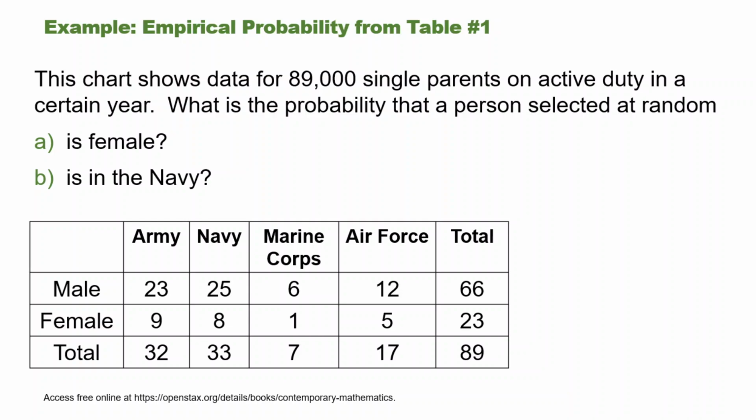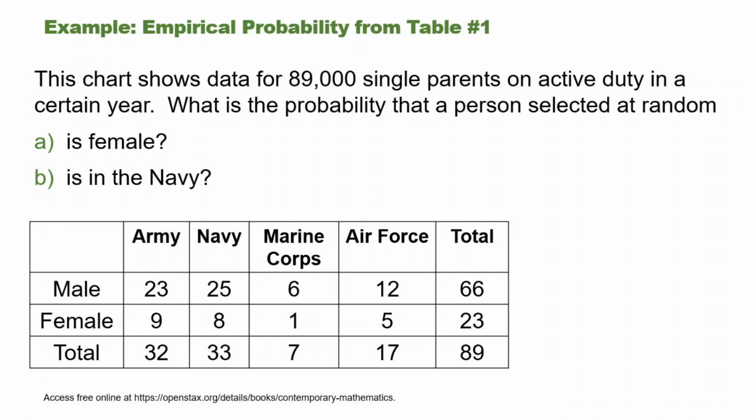So if we look at this table we have 4 rows and 6 columns. We have categorized in columns as Army, Navy, Marine Corps, Air Force, and then our totals. And our rows consist of those headers, and then male as the second row, female as the third row, and totals for the last row.